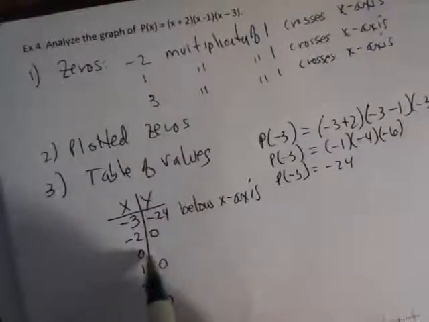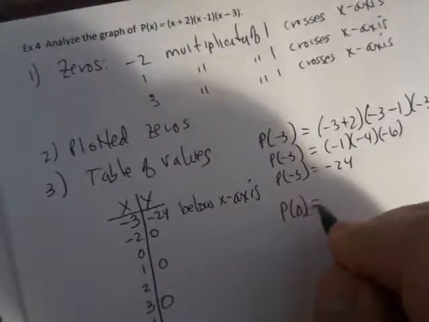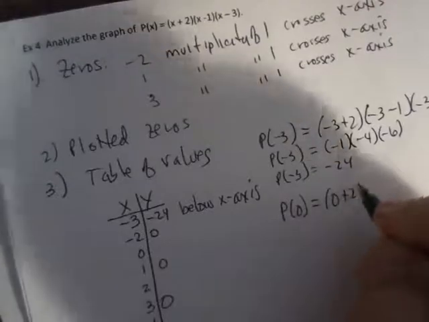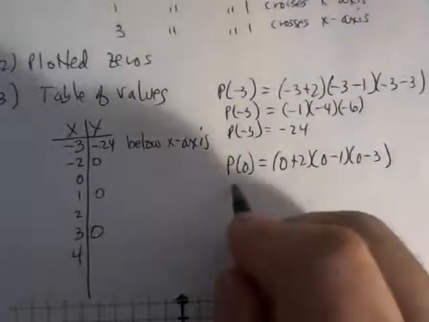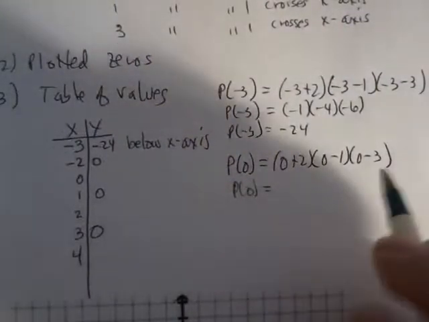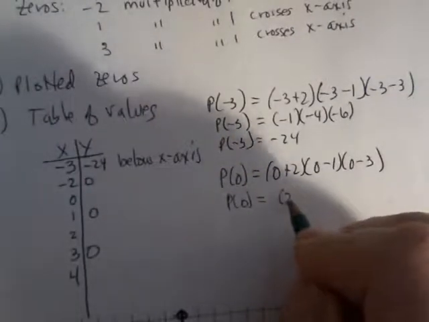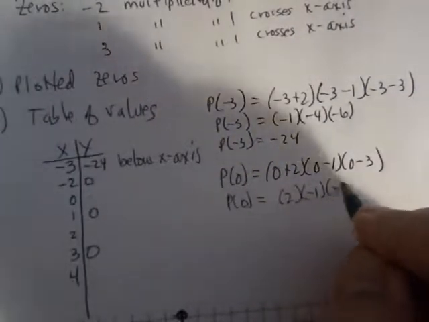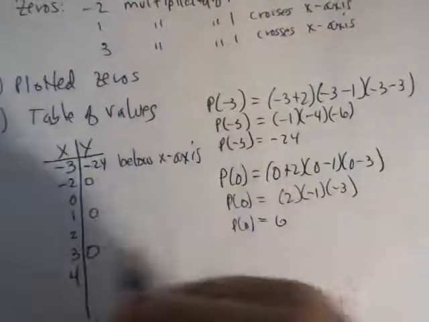I already know I have that point. Next, I'm going to find when x is 0. So that's 0 plus 2, 0 minus 1, and 0 minus 3. You know, and if you keep messing these up, use your calculator. So this is 2 times -1 times -3, which is 6.